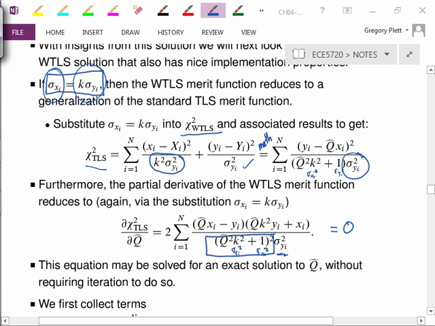Because that's not a function of i, I can multiply both sides of the equation by that term, and it goes away. In fact, the 2 goes away too when I multiply both sides of the equation by it. What that's done is it has removed q from the denominator, and the numerator is now a polynomial. When I multiply it out, we'll do that in just a minute, it's a polynomial that I need to find a solution for, but I can do that. There are solutions for polynomial equations that are much easier than solutions to general nonlinear equations like the one that we had.